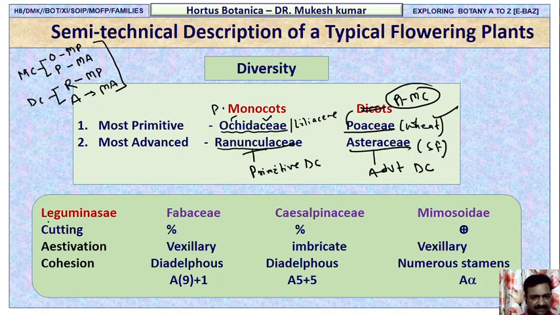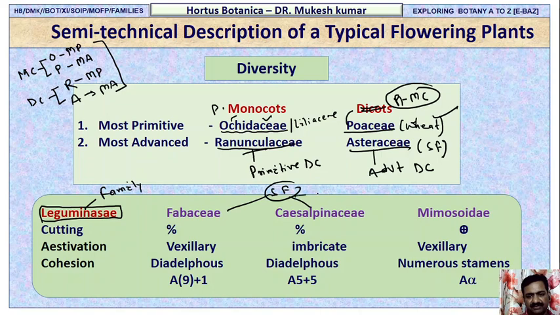Now see, another very important family is Leguminosae. Earlier this was considered a family that contains subfamilies, and we have three. What are they? Fabaceae, then Caesalpinioideae, and Mimosoideae.